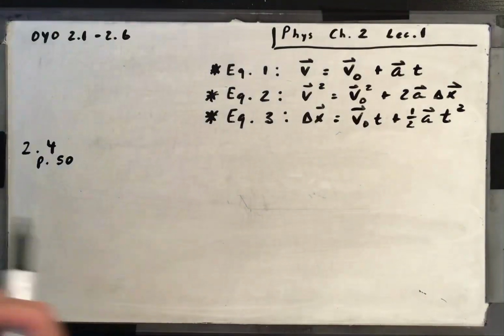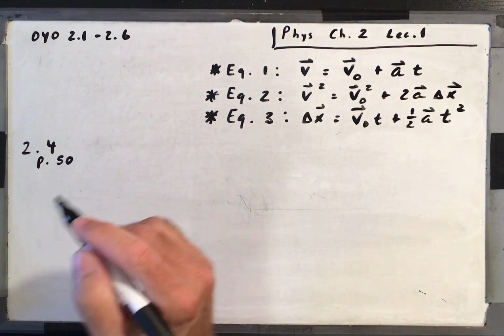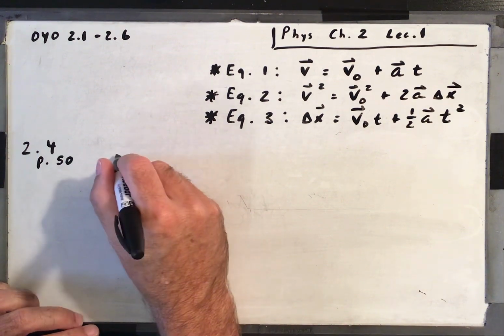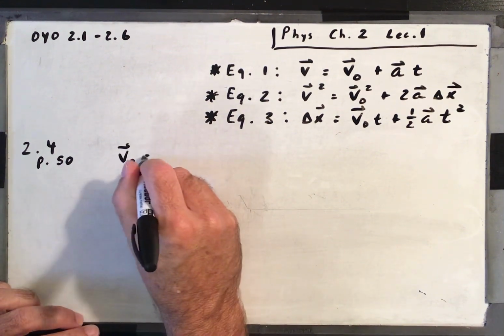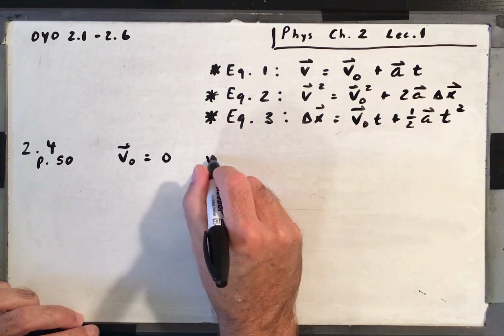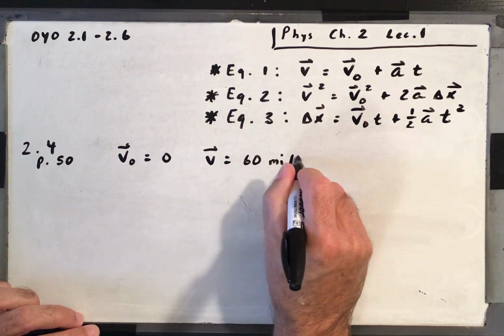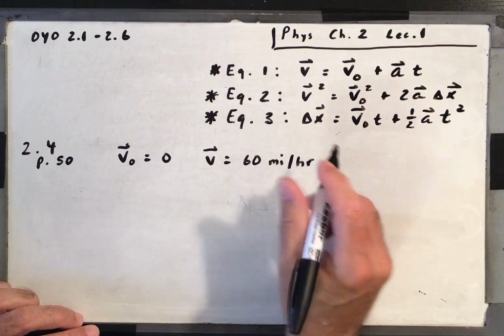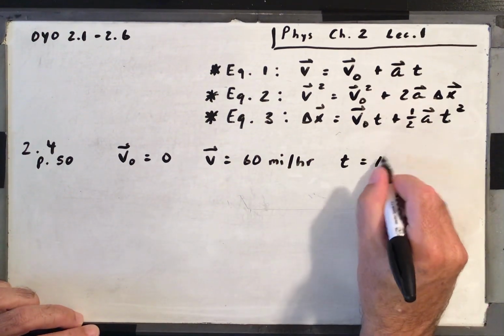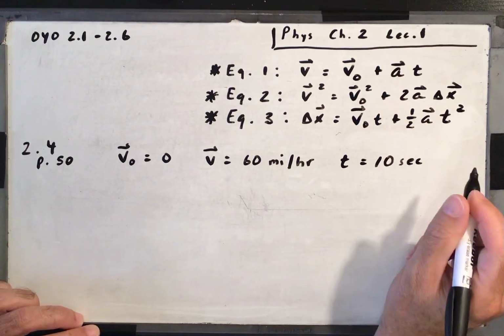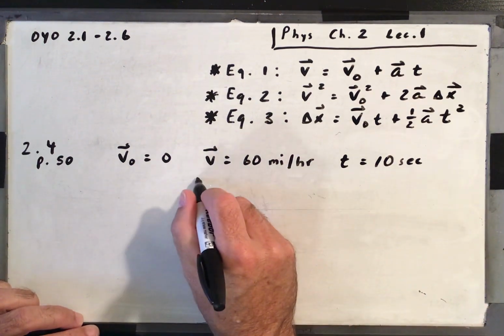Okay. Well, we know our initial velocity, which is rest, is 0. We know our final velocity is 60 miles per hour. And we know that time is 10 seconds. We want to find out what's acceleration.